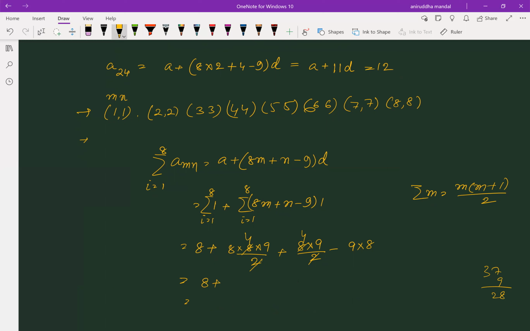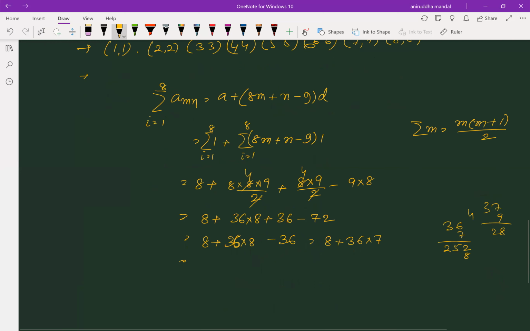This is 8 into 36, plus 36, and 9 into 8 is 72, so minus 72. So 36 into 8 plus 36 gives 36 into 9, minus 72, so 36 into 7 plus 8, so 252 plus 8 is 260.